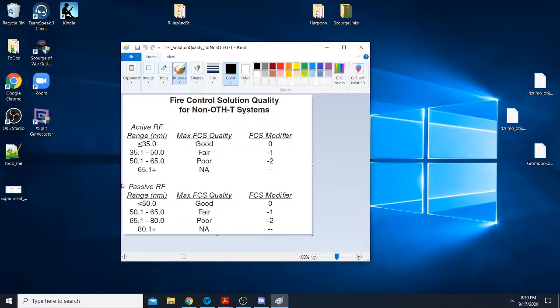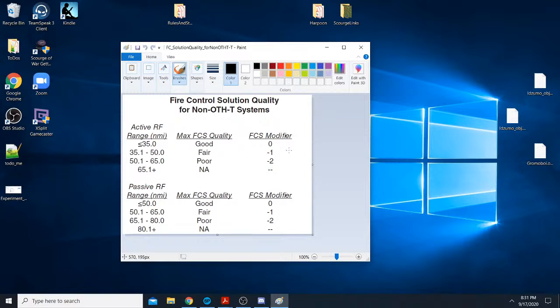So let's just say we were passive, right? You use this passive RF chart for FC resolution. And if you do not have an OTHT system, what they mean by an OTHT system is an over horizon targeting system, right? So the SST systems have an advantage, right? If you were an SST based system or a targeting complex based system, you don't use this table, right?